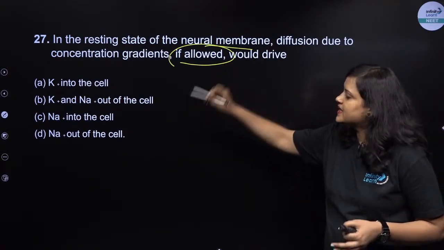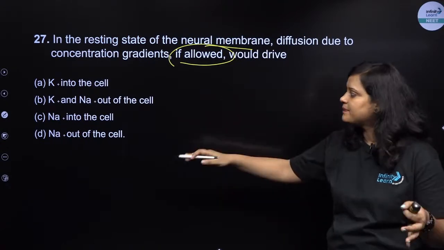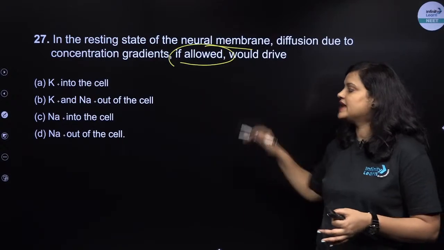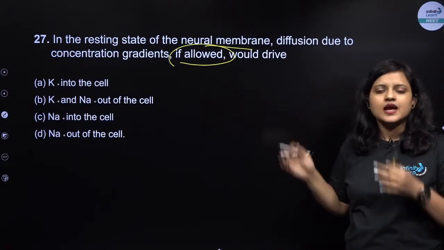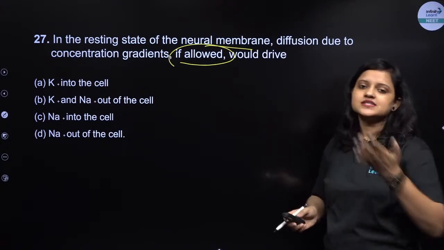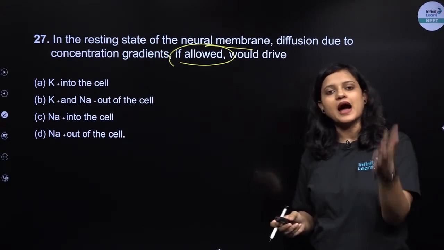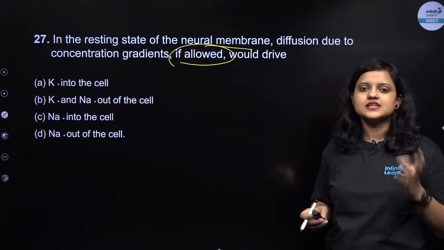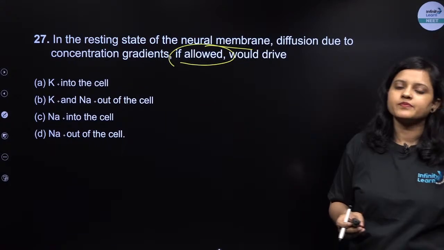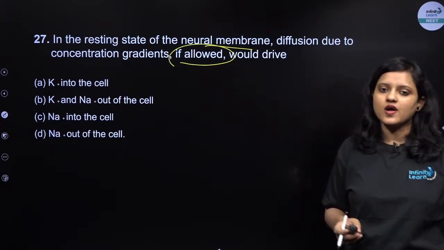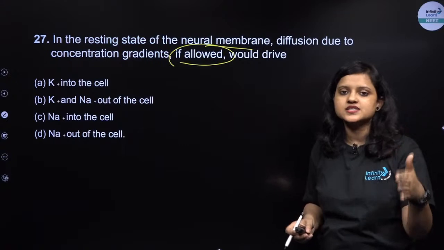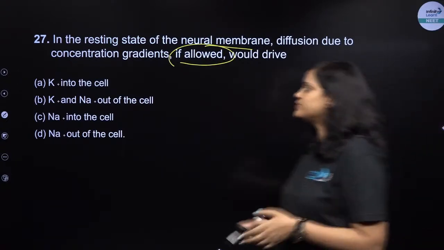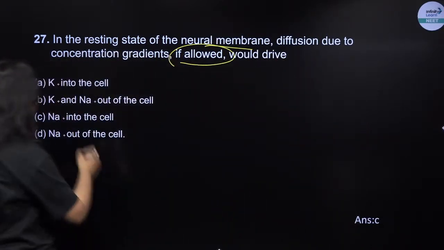Option A, K plus into the cell, K plus out of the cell, sodium ions into the cell and sodium ions out of the cell. Here we are discussing what is diffusion, movement of ions from higher concentration to lower concentration. So where there is more concentration of sodium, where there is more potassium ion concentration, from there the ions will diffuse to the area where there is low concentration. So the correct option for this question will be C.